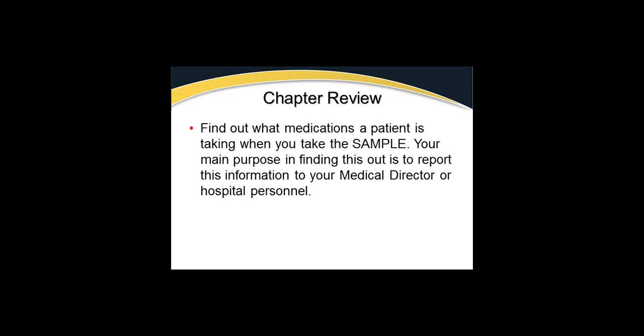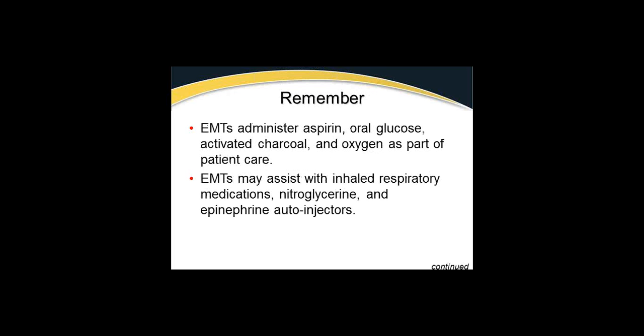Know what the allergies are. The main purpose in finding this out is to report this information to the people that you are going to hand the patient off to. You may also have to report some of that to medical control if you are going to ask for orders.